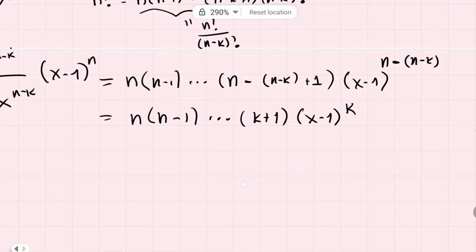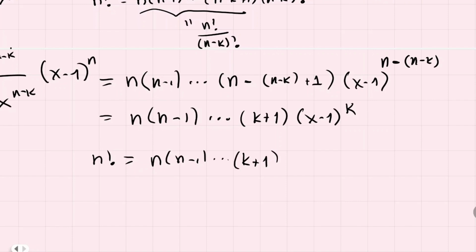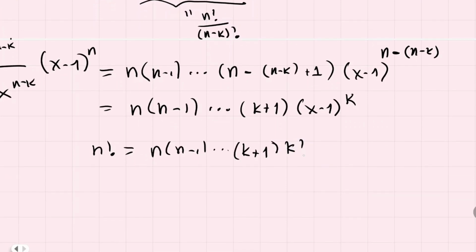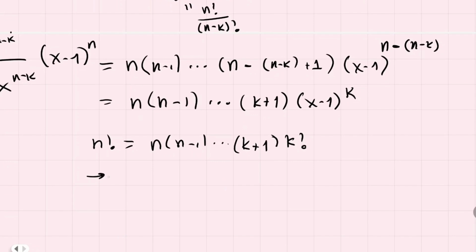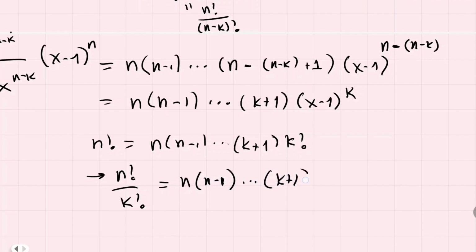And again, we see that n factorial is equal to n times n minus 1 all the way up to k plus 1 times k factorial, and n factorial over k factorial is equal to n times n minus 1 all the way up to k plus 1.